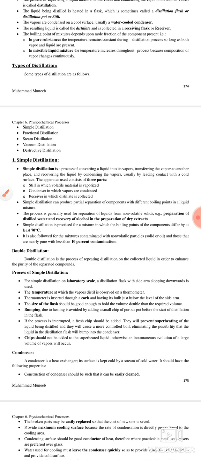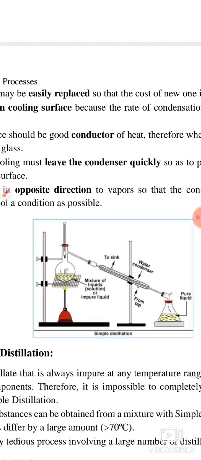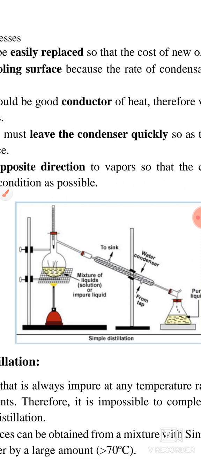As the word indicates, it is not complex, it is just simple. It is a process of converting a liquid into vapors, transferring the vapors from one place to another and recovering the liquid from the condenser. It consists of just three parts, and you can see the diagram here.